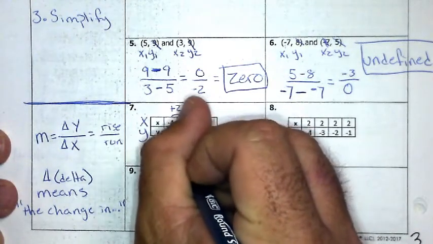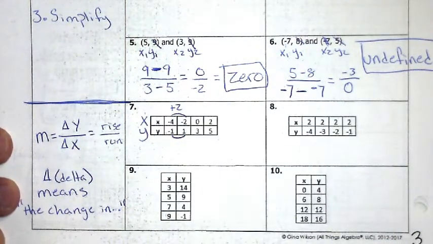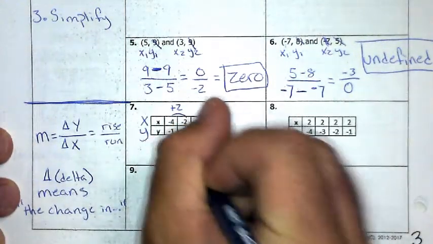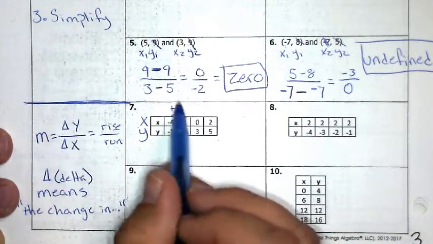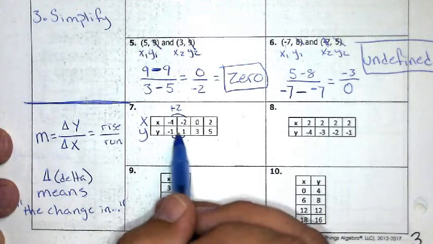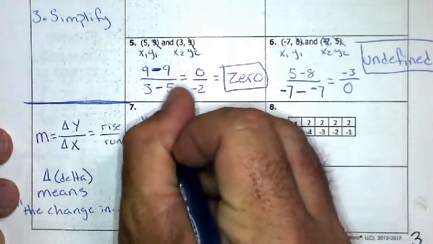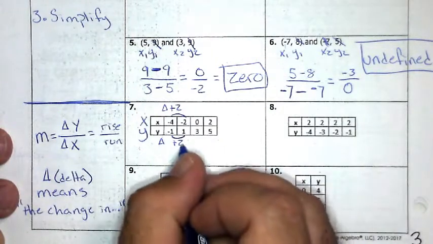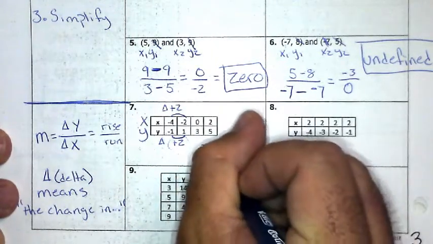This right here is our change. This is our deltas. So my change in my y value was 2. The change in my x value was also 2. What does that simplify to? 1 whole. And that's your slope. Slope is 1 because it's 1 whole.